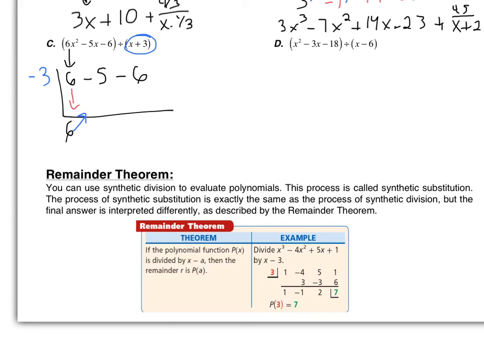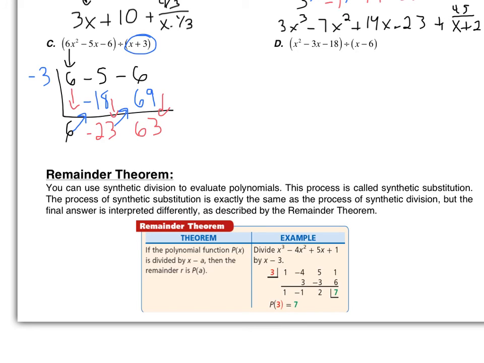Multiply that by negative 3, and I get negative 18. Add that going down, and I get negative 23. Multiply that by a negative 3, get a positive 69. Add that together, and I have 69 minus 6 is 63.